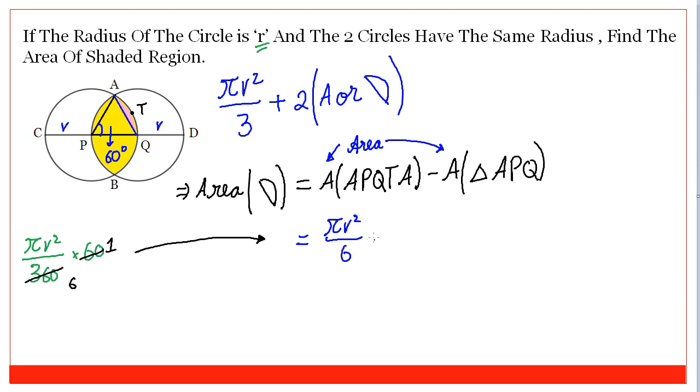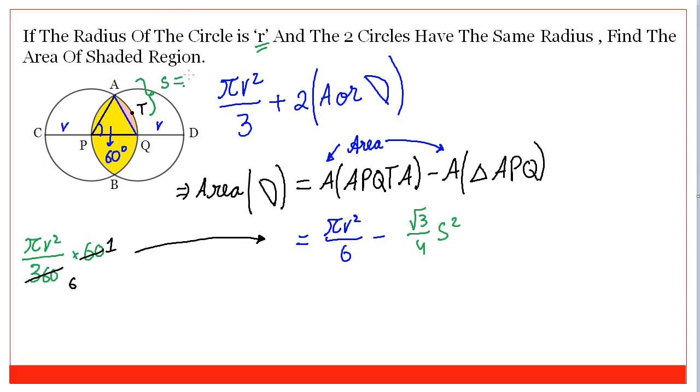Minus the area of triangle APQ. If you have seen my last video, you must know that the area of any equilateral triangle with side S equals square root of 3 upon 4 S square. But in this case, S equals R.